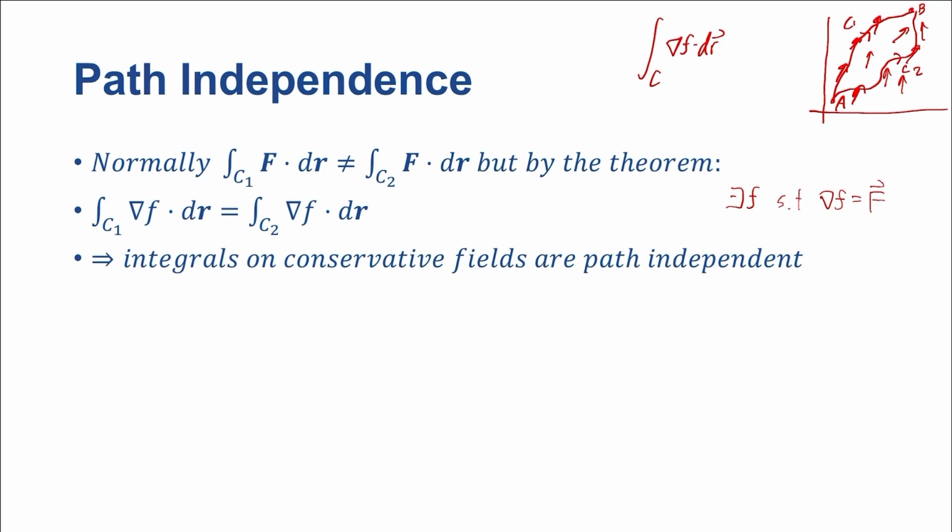So if I know there is some potential function f whose gradient I can take, then by definition the line integral over a gradient will be path independent.